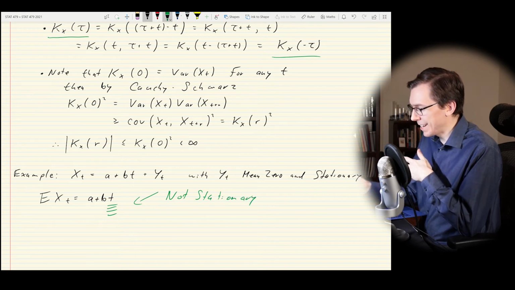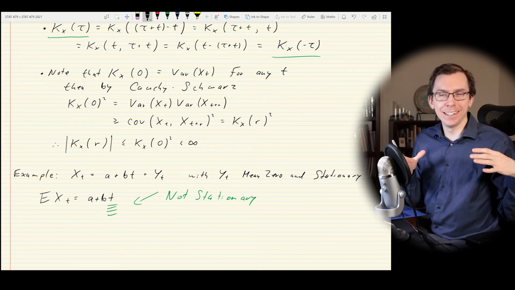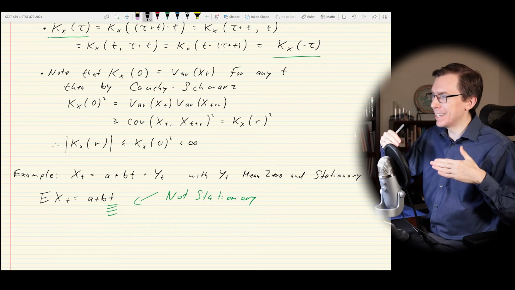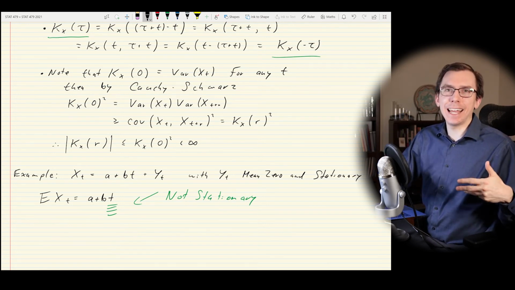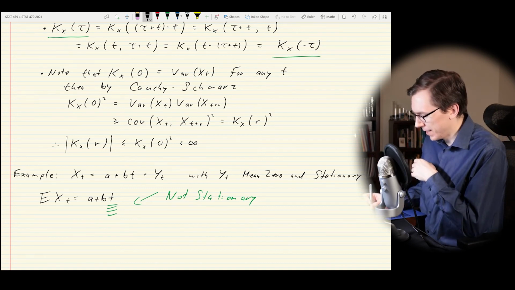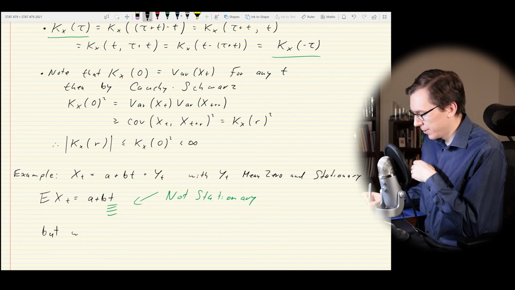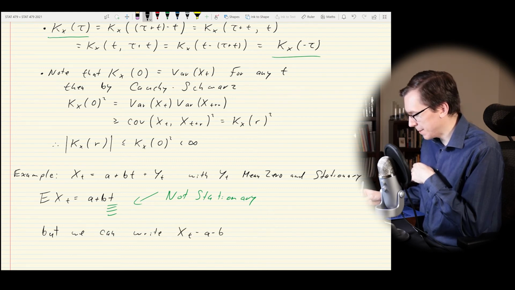So it turns out that if we add this deterministic piece to our stationary time series y, we get a non-stationary time series x. But we can write xt minus a minus bt as stationary, which is just y.